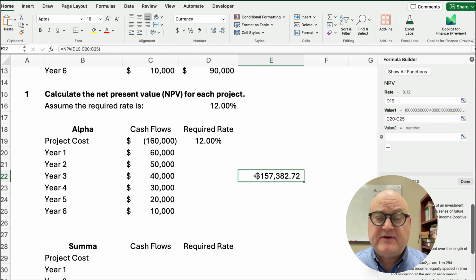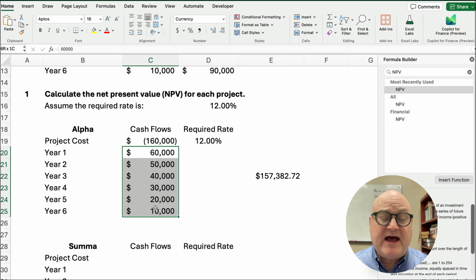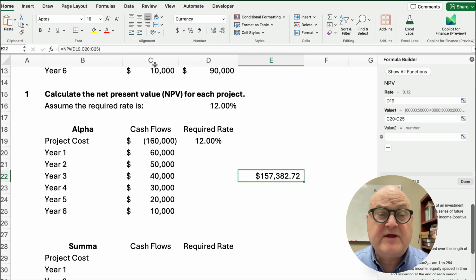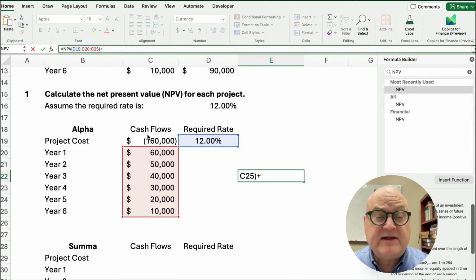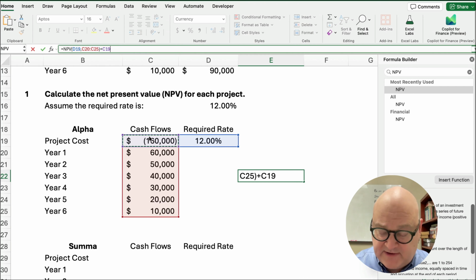So here's what happens. The present value of all these cash flows from years 1 through 6 is $157,382, almost $383. So then we're going to take that answer, which is the present value, and subtract out the 160. The 160 is already a negative number, so I just need to add that negative 160.